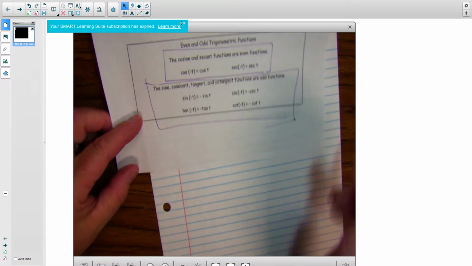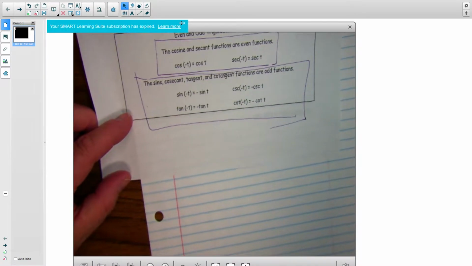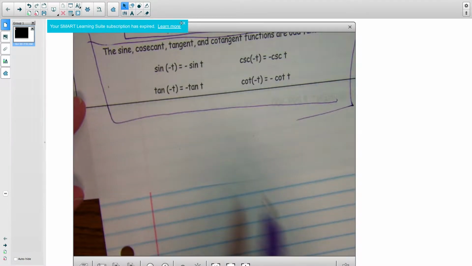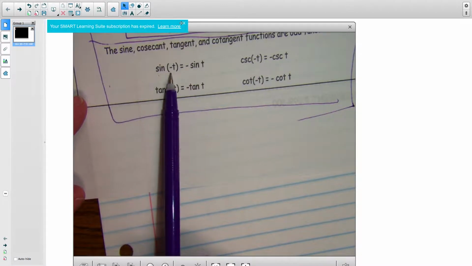From our notes, right down here, we have the fact that sine of negative t equals negative sine of t.